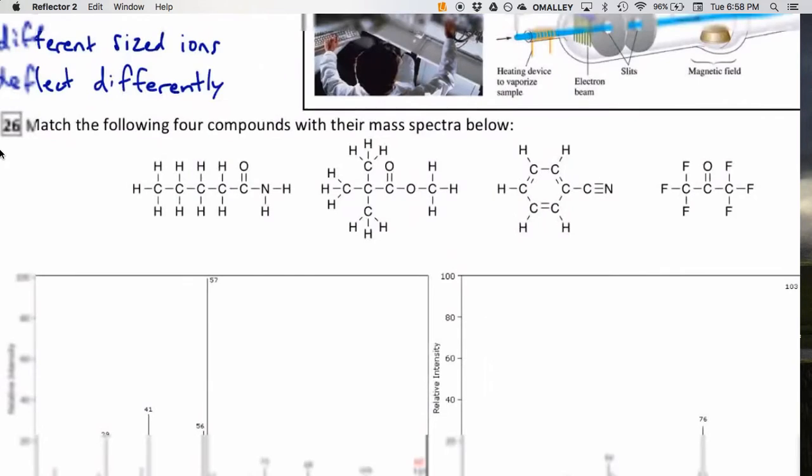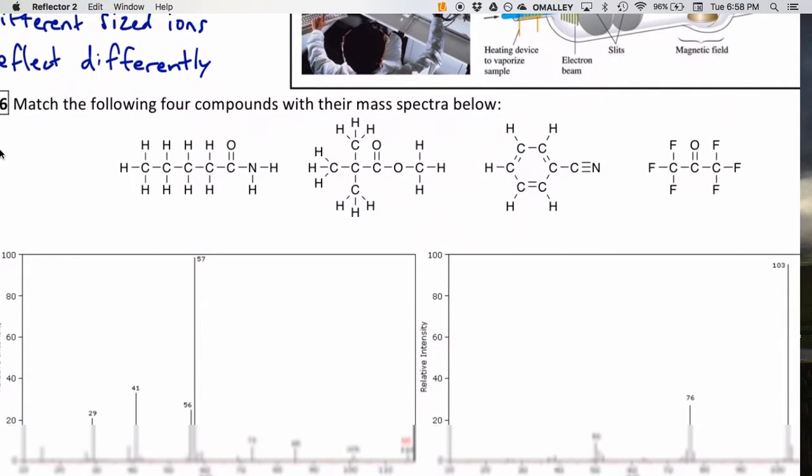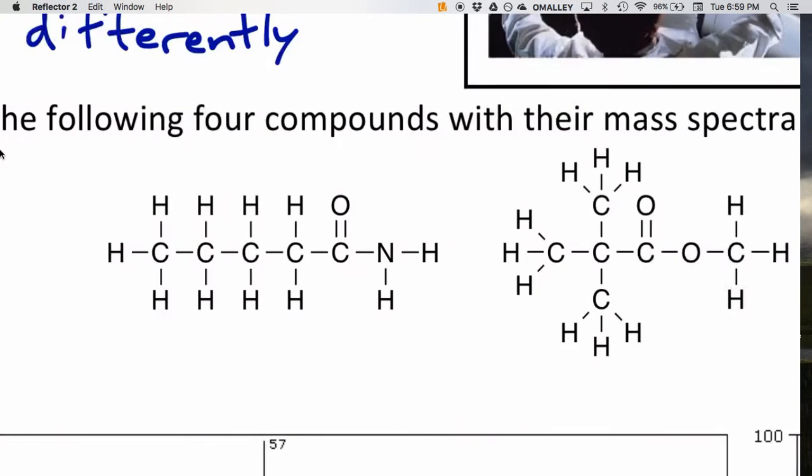So let's say we have a little matching problem to do, and we have in front of us 4 different organic compounds, and we need to figure out which spectrum from these 4 below go with those 4 compounds. Just to label them, I'm going to write what functional group is present in each one.